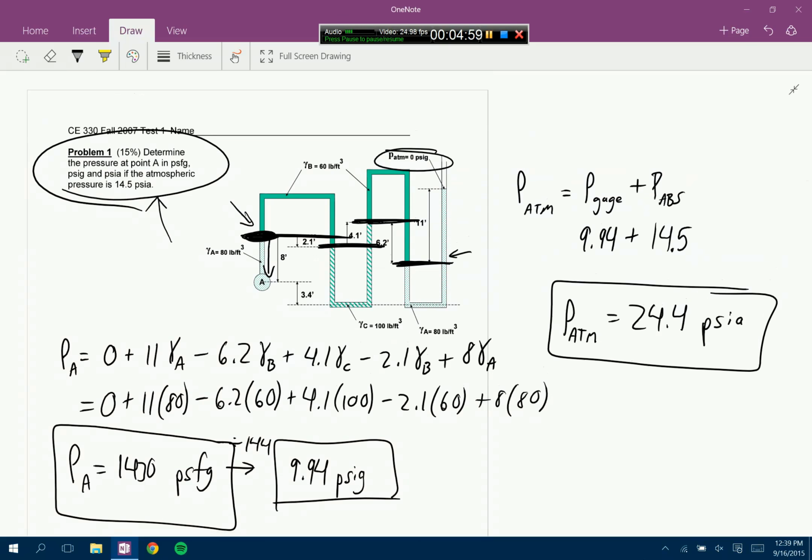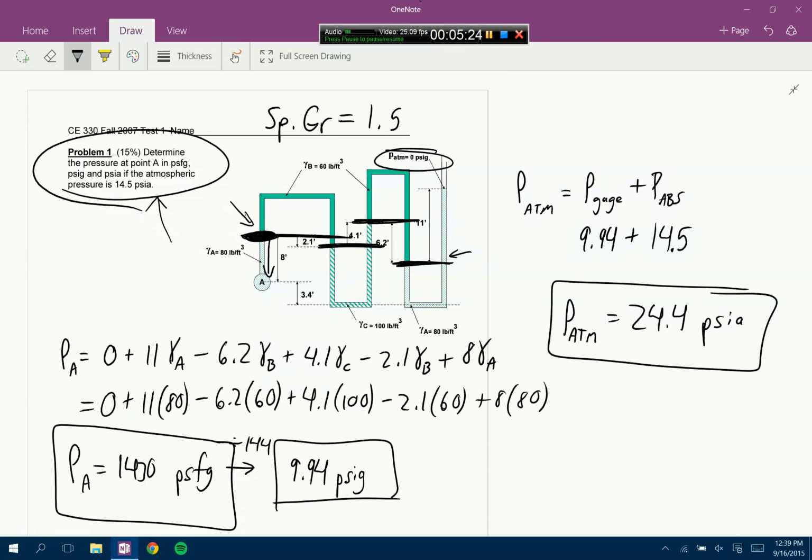This problem actually gives us the specific weight of each of these fluids. Normally, in a quiz or a test situation, you're going to be given the specific gravity. So it'll be specific gravity equals like 1.5 or something similar to that. And all that means is that whatever fluid that is, it's 1.5 times the specific weight of water.